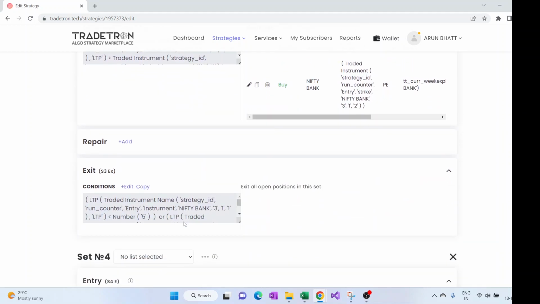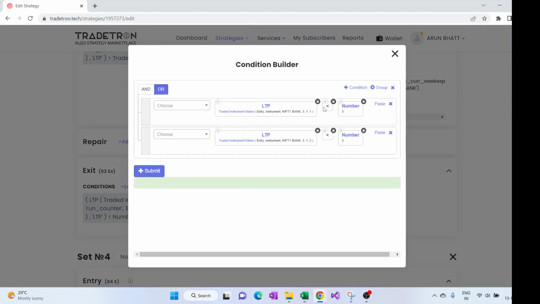And one small change compared to the backtesting, what I have done is I am exiting if the premium of any side becomes less than 5. Sometimes what happens is one of the option prices drops below 5, and if we don't book and the market reverses, then we lose all the profits in that.